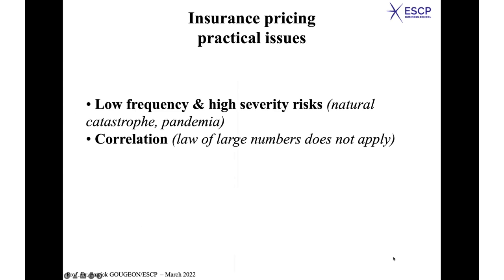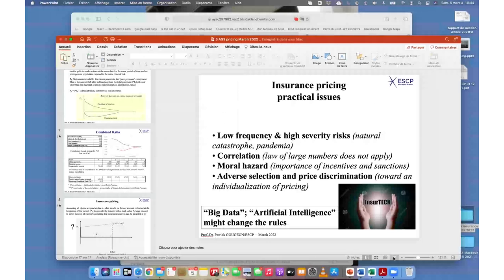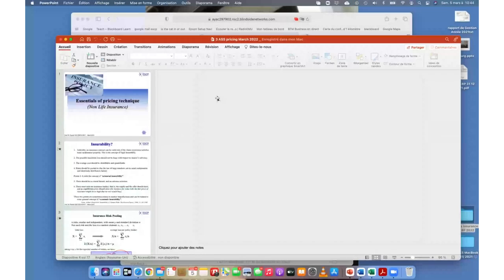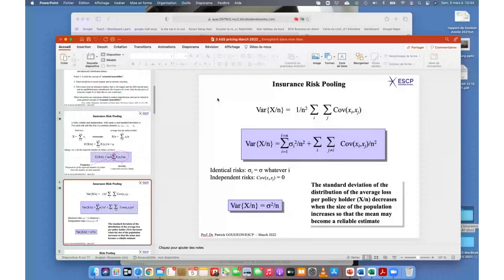Another case is correlation. If you have correlation, the law of large numbers does not apply anymore. Maybe we can come back to the formula which we had before. So you remember that because of the absence of correlation, we could assume that all that was zero. All this block is zero if risks are independent.